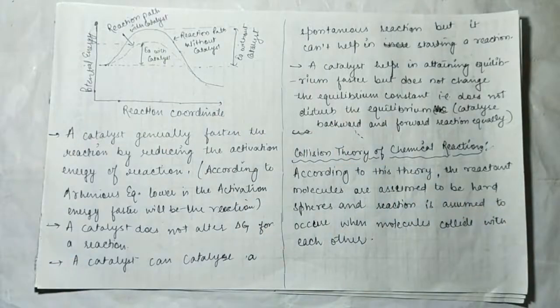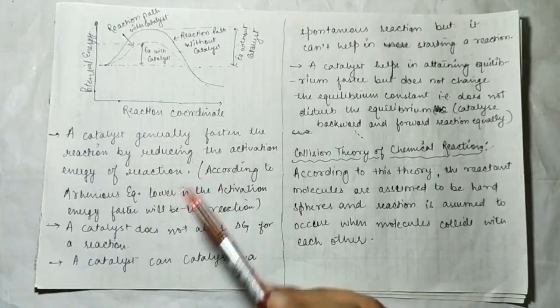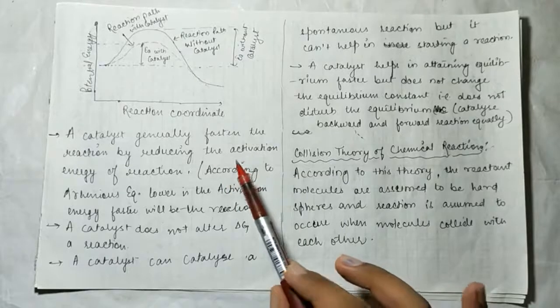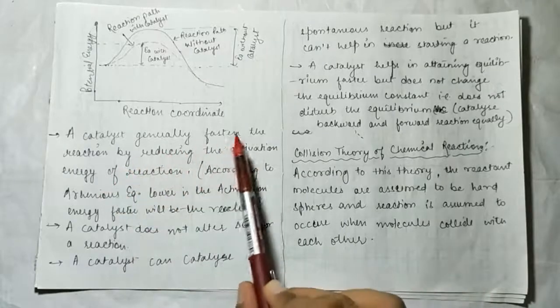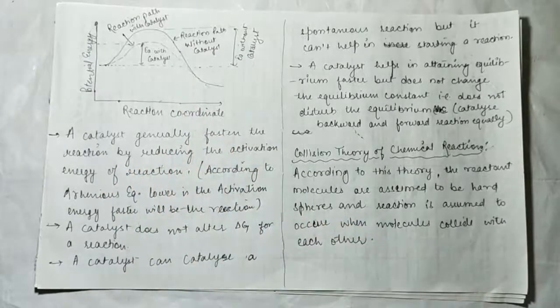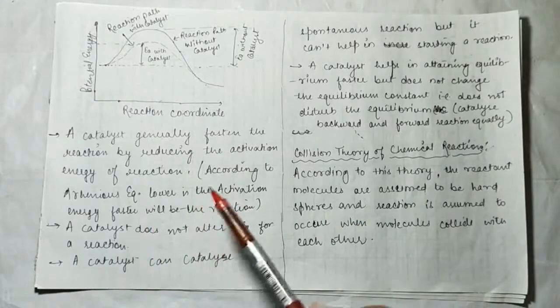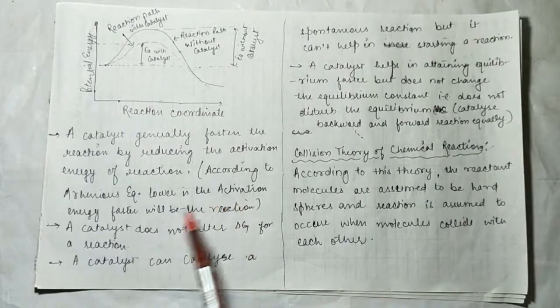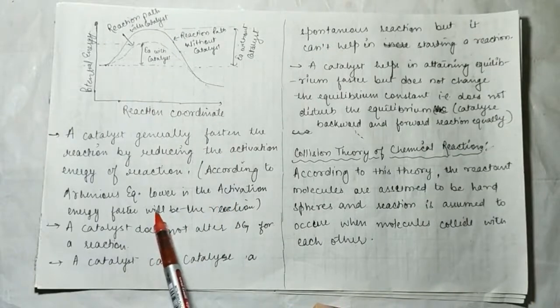Here are some characteristics of a catalyst. A catalyst generally fastens the reaction, it does not actually initiate the reaction. It fastens the reaction by decreasing the activation energy. You can see that if the activation energy is lower, then the reaction becomes fast.